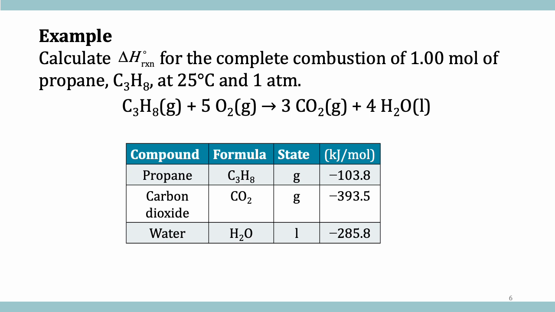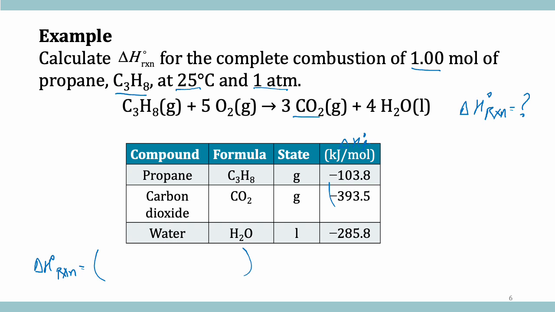For example, like this: calculate delta H naught reaction for complete combustion of 1 mole of C3H8 at 25 degrees Celsius. Combustion of 1 mole of C3H8, which is this reaction. The question is asking what is delta H naught for this reaction, and delta H naught F is given to you for all your reactants and products. How will we use this information? Delta H naught for this reaction is going to be the sum of all my products minus reactants.